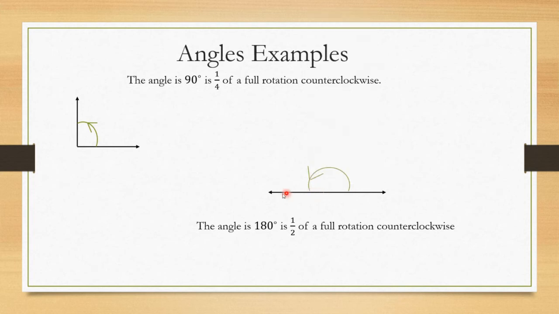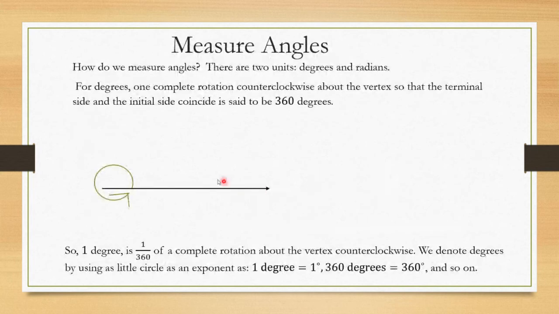So the terminal side is pointing this way, opposite the initial side. By definition, it's half of a complete rotation. Basically, you're facing the opposite direction.